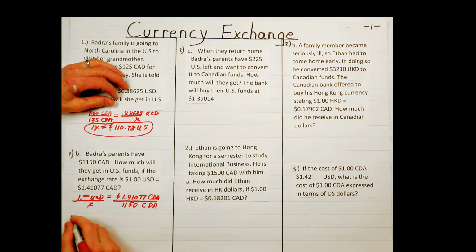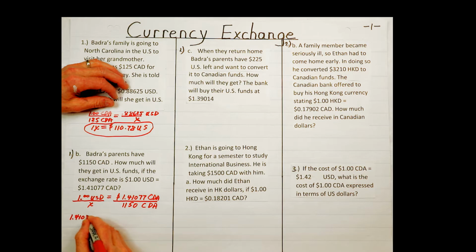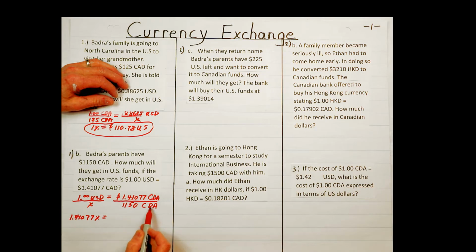So if we cross multiply this time, we're going to get 1.41077 times X, and that's going to equal 1 times the 1150 on the bottom right of the proportion. That's just going to give us 1150.